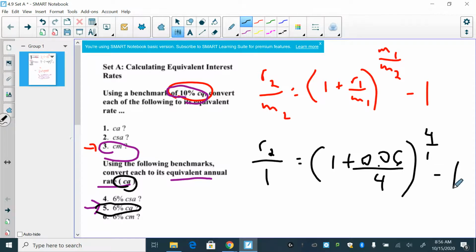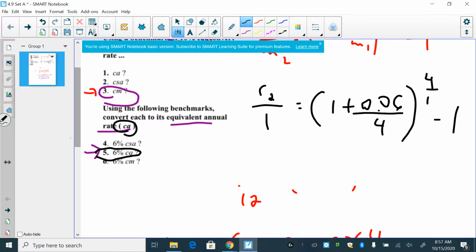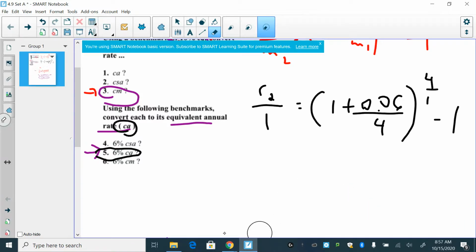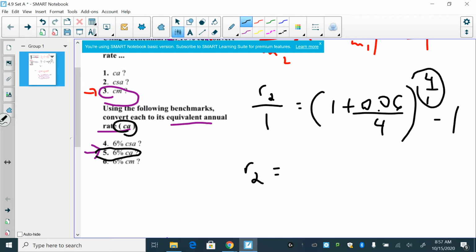So there's the setup. Since I have a 1 at the bottom on the right side, I can pretty much ignore it and just write R2. Okay, so I'm going to do the right side. You've got 0.06 divided by 4 plus 1. 4 over 1 up here is just 4. So I'm just going to do exponent of 4, and then minus 1. I can just put it all in my calculator.